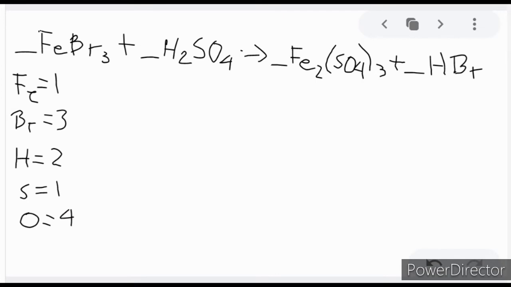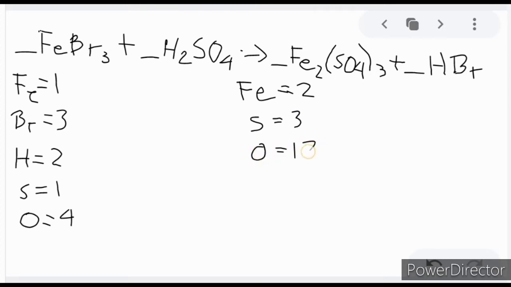And on the right side, there are also elements involved. The first element involved is Fe, which is equal to 2. Okay? And S, so if we multiply 3 on S and O4, we get S is equal to 3. Then O4, we multiply it by 3, we get 12.